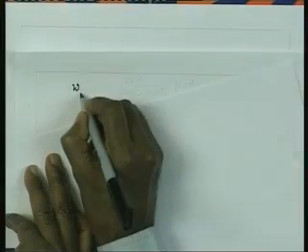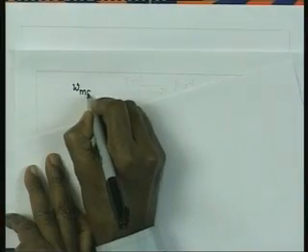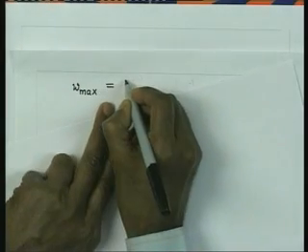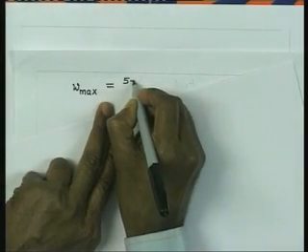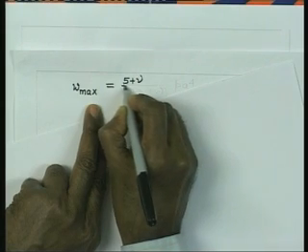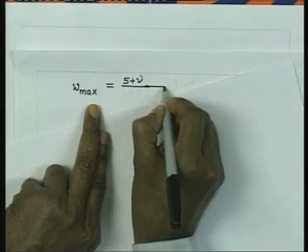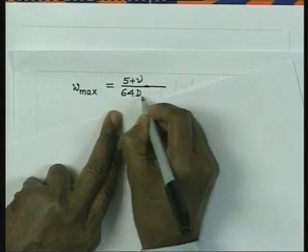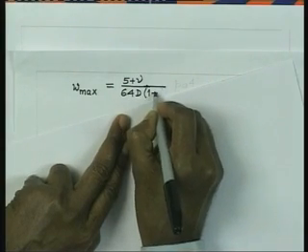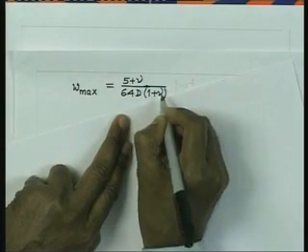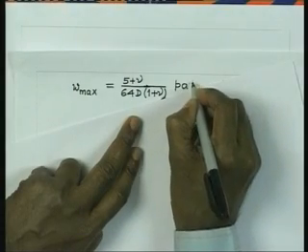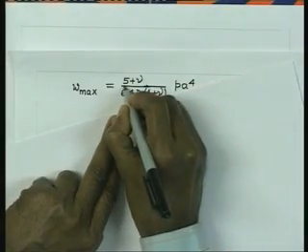So, that maximum deflection, W maximum, is equal to (5 plus nu) by 64 D (1 plus nu) p a raised to the power 4.